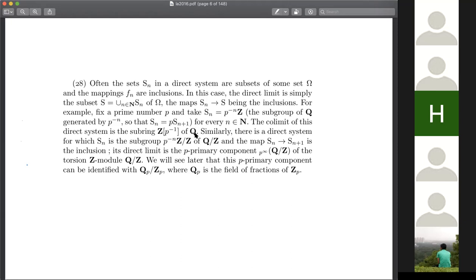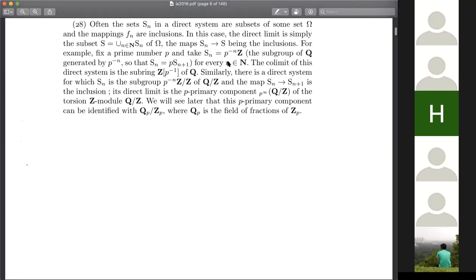So this is a direct system of subgroups of Q. Okay? So Sn is the subgroup of Q generated by p to the minus n, and Sn is p times Sn plus 1.